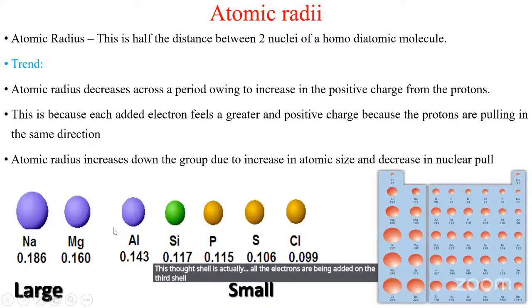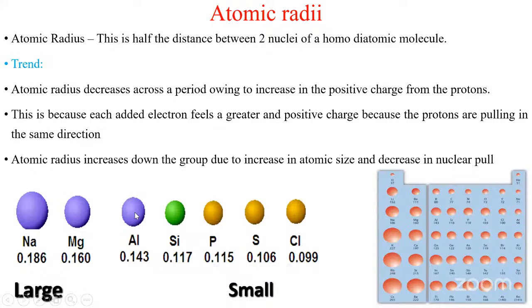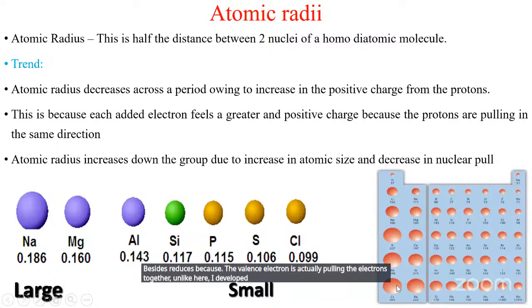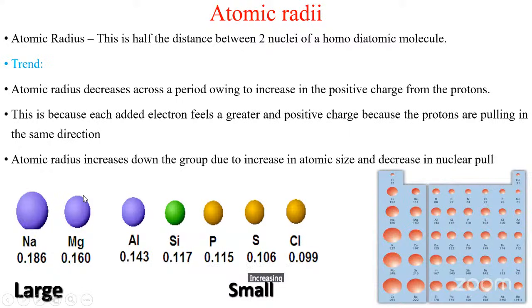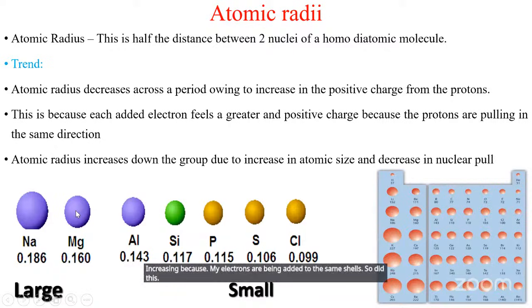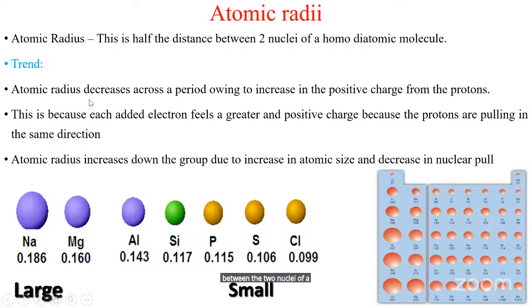And because the electron is being added on the third shell, the size reduces because the nucleus is pulling the electrons together. Unlike here, where the valence electron is further away. Here, the nuclear charge is increasing because more electrons are being added to the same shell. So the distance between the two nuclei of a homodiatomic molecule is reducing.